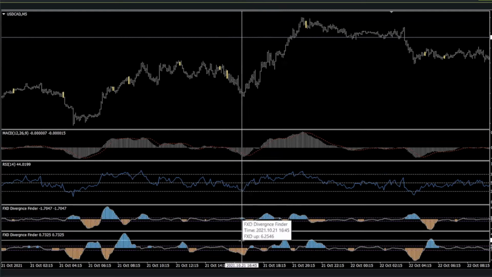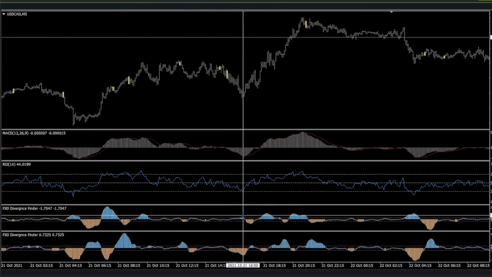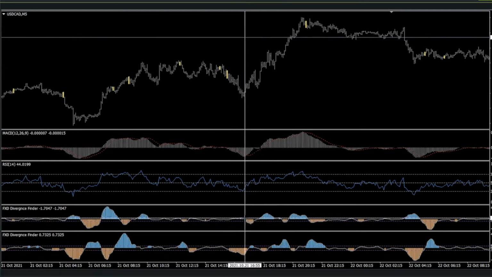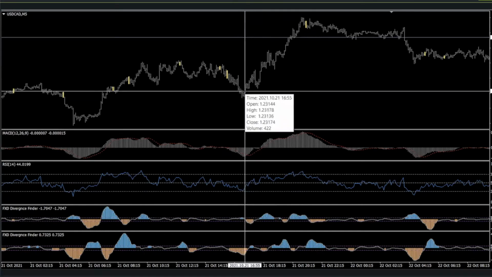Here, you have the downtrend telling you it's going down. However, the uptrend started to give you a blue sign. It means that we have a divergence. It means that in a downtrend, we're starting to get signs of a strong move going up. So this was the divergence for us.